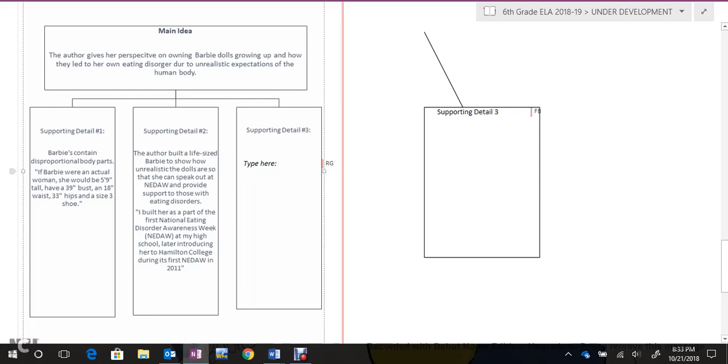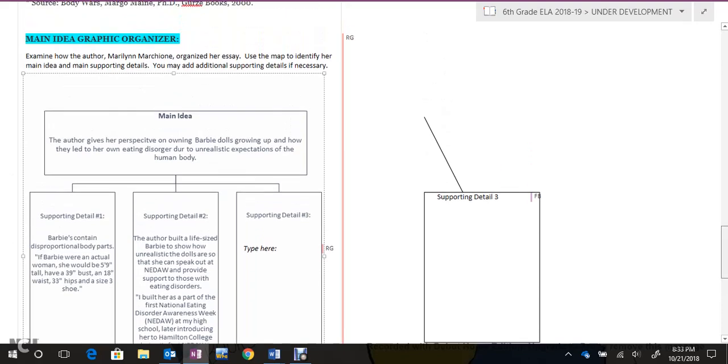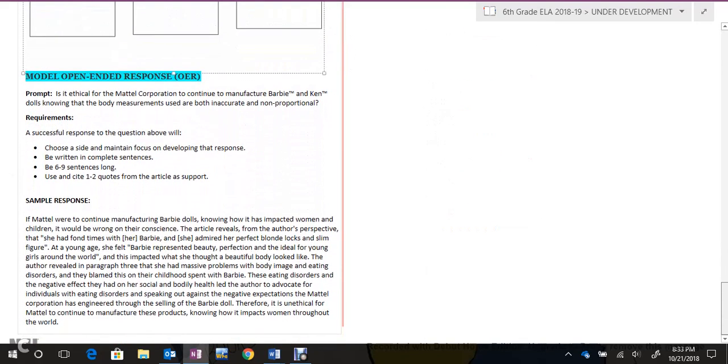You'll put in your own words the three supporting details, and then you'll have 3 quotes that support each of those supporting details from the article. And then finally, you will have a prompt on the sheet of paper that you got or you're getting today.